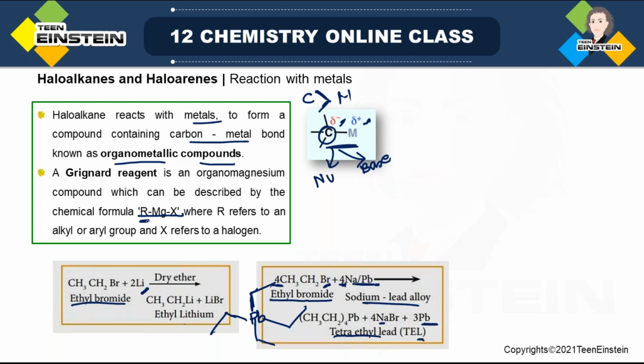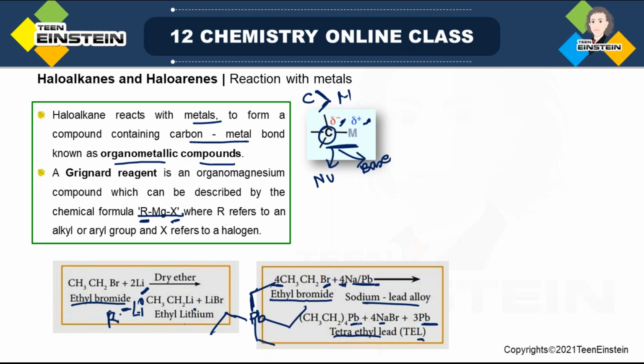So if on one side there is R, the carbon part, on the other side there is halogen. In the case of lithium, it is simply attached to the R group. You can also write it as RLi because its valency is 1, it is from group 1. But for magnesium, as it is from group 2, its valency is 2. So on one side there is R, and on the other side there is X.